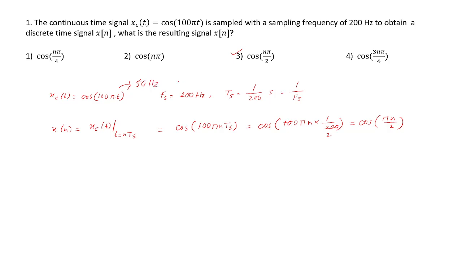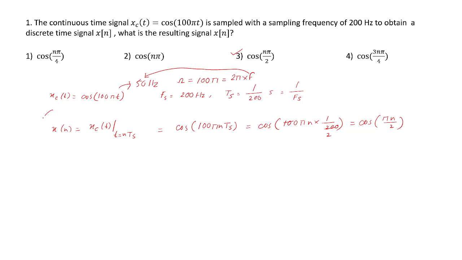The analog frequency omega is 100 pi, which is 2 pi times f, where f is the frequency content, so f is equal to 50 hertz, and you are sampling it at 200 hertz. According to the Nyquist criterion, you are supposed to sample a signal at least twice the maximum frequency component.